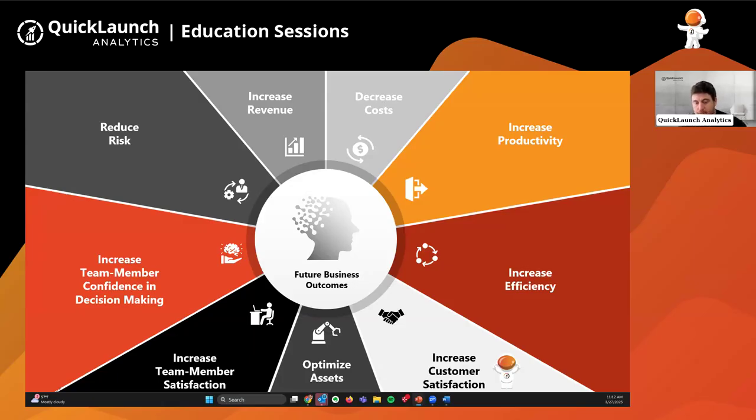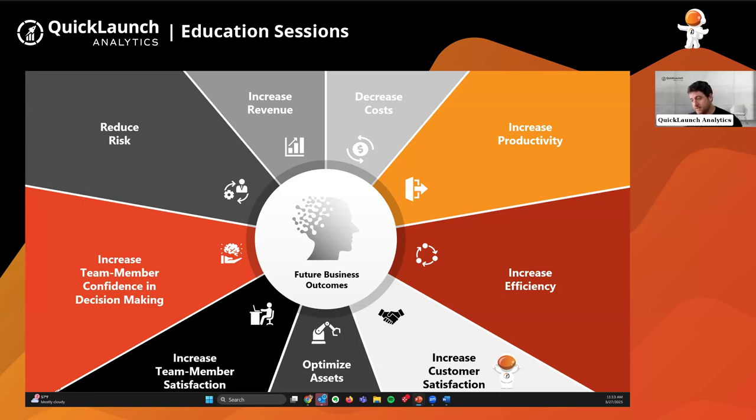And again, our customers are consistently achieving things like increased revenue through identifying those opportunities, decreasing costs through having the transparency into their business processes to start optimizing those, or greater efficiency through automating certain workflows or processes.